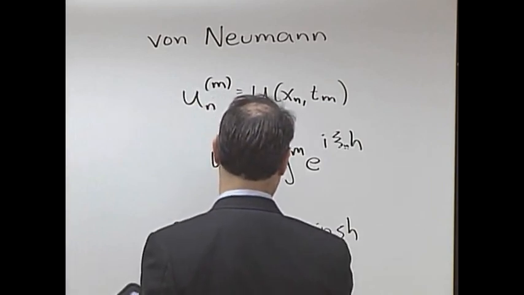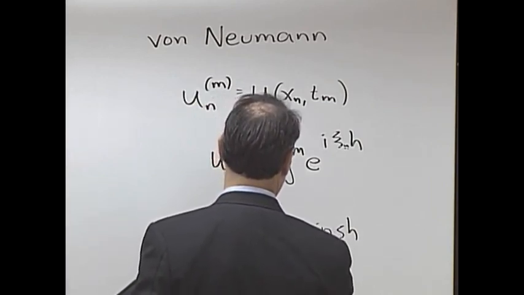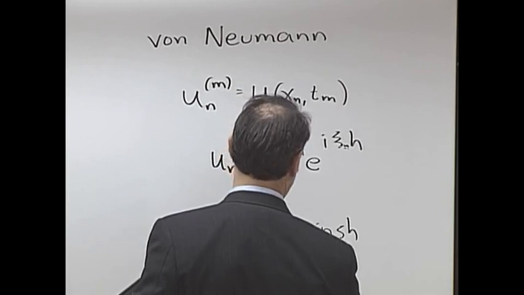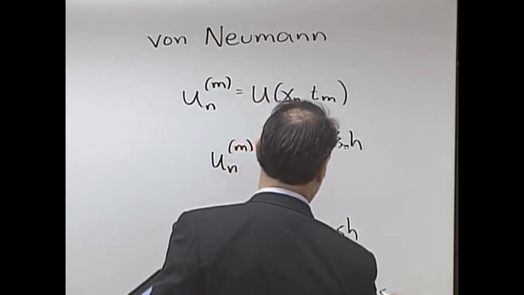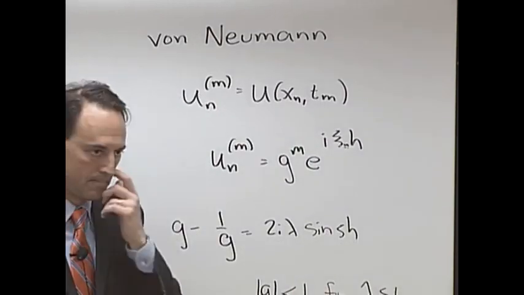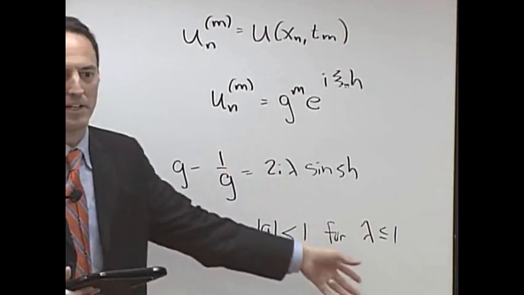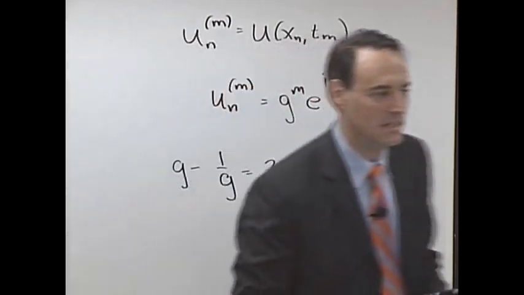You find that the absolute value of g is less than or equal to 1 for lambda less than or equal to 1. And that's your stability criterion. We didn't actually work that all out, but I just told you what the result was.